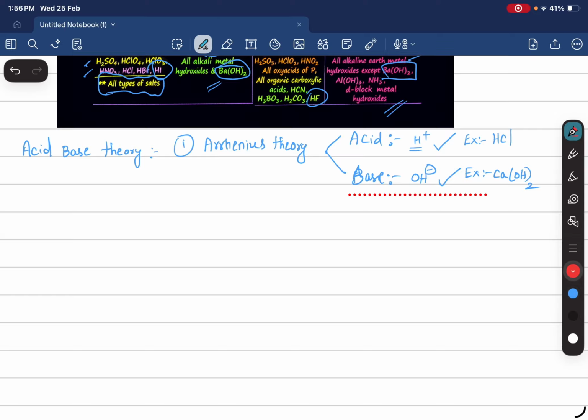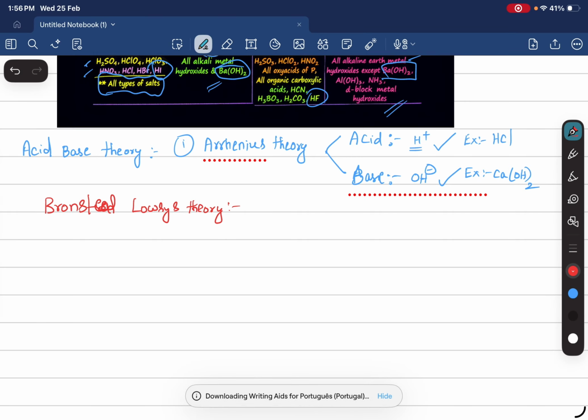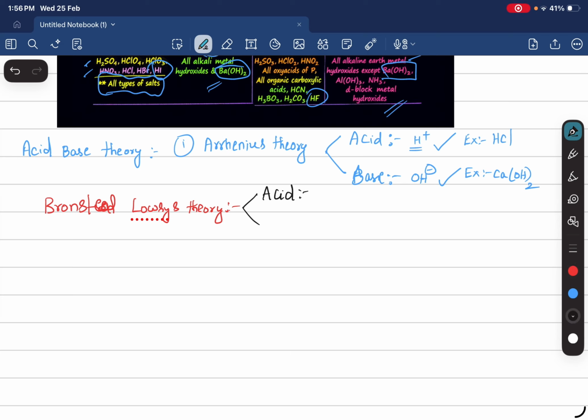Similarly, the second theory is Bronsted-Lowry's theory. Here an acid is one which donates H plus ion or contains a replaceable H plus ion, without needing a solvent. A Bronsted base is one which accepts H plus or a proton.